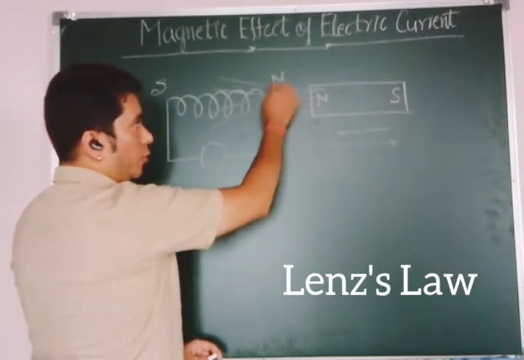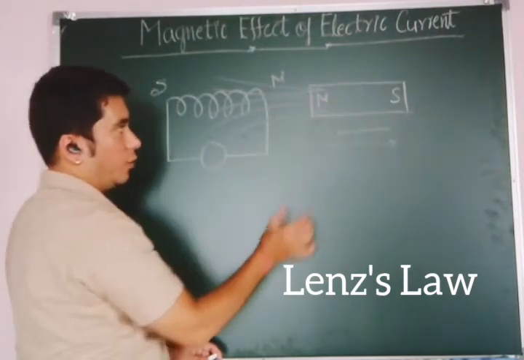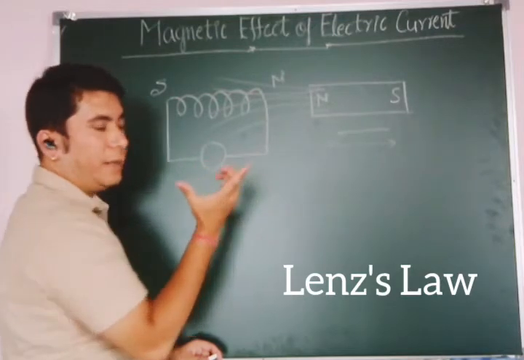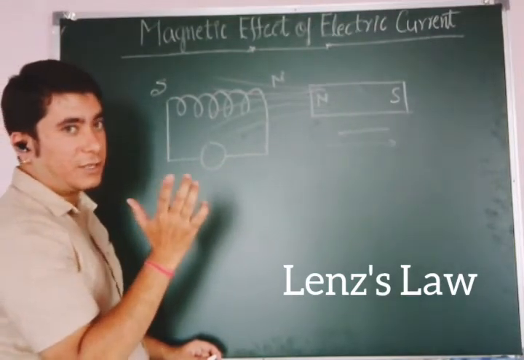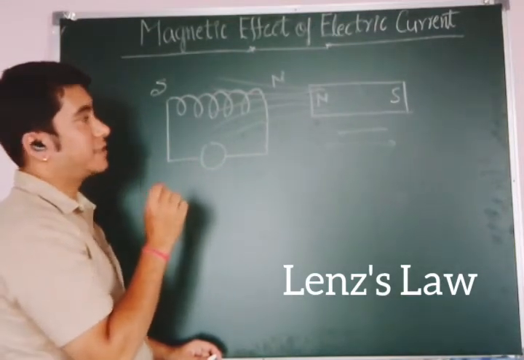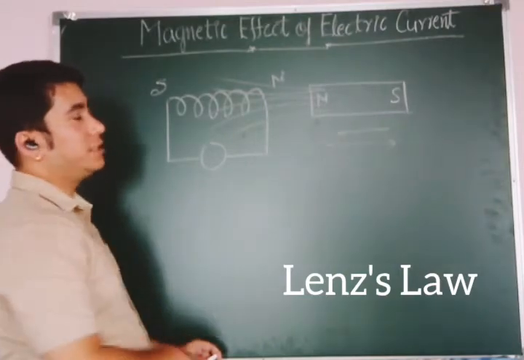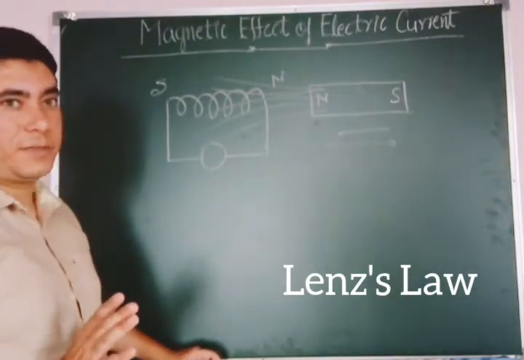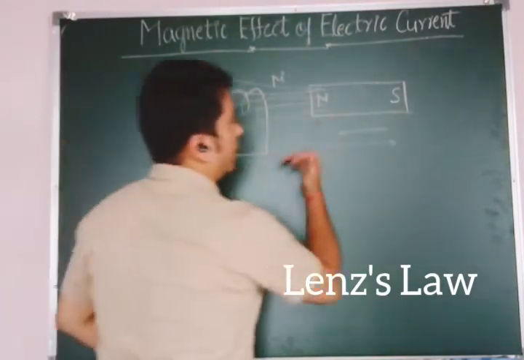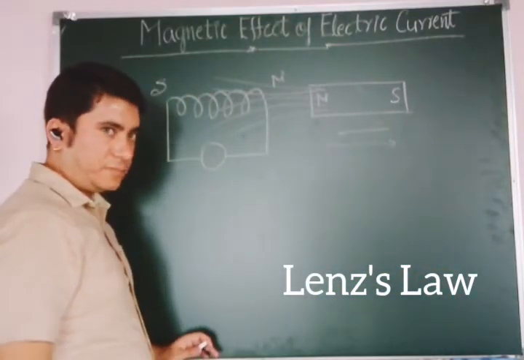North and north repel each other. So the direction of induced EMF is such that it opposes the change in magnetic flux. Now let's suppose the magnet moves away from the circuit, okay?